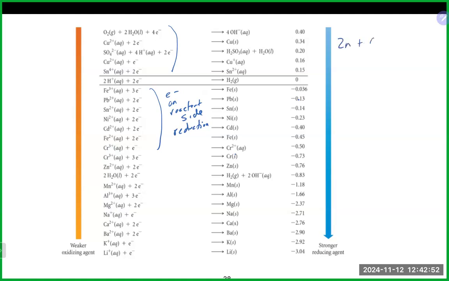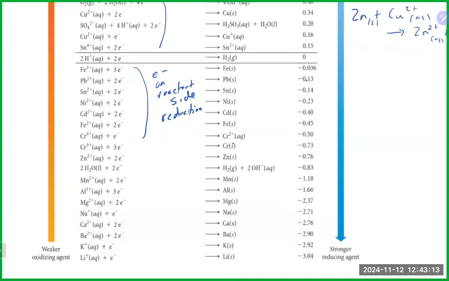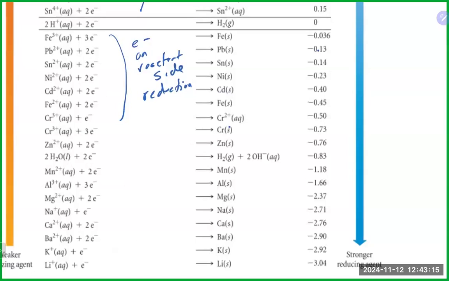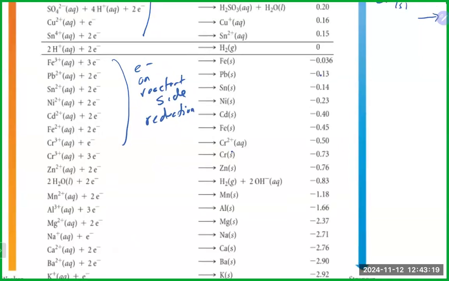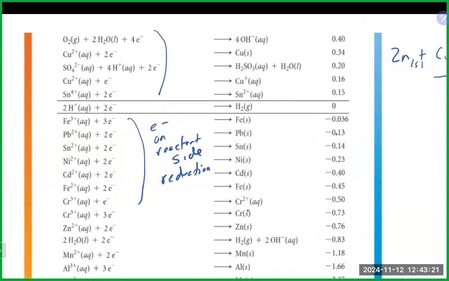So if we look at the original one that we saw, which was zinc plus copper 2+ going to zinc 2+ plus copper solid, so solid, aqueous, and solid. If we go to this table and look up some of these values, we could find on this page, maybe copper, right there.